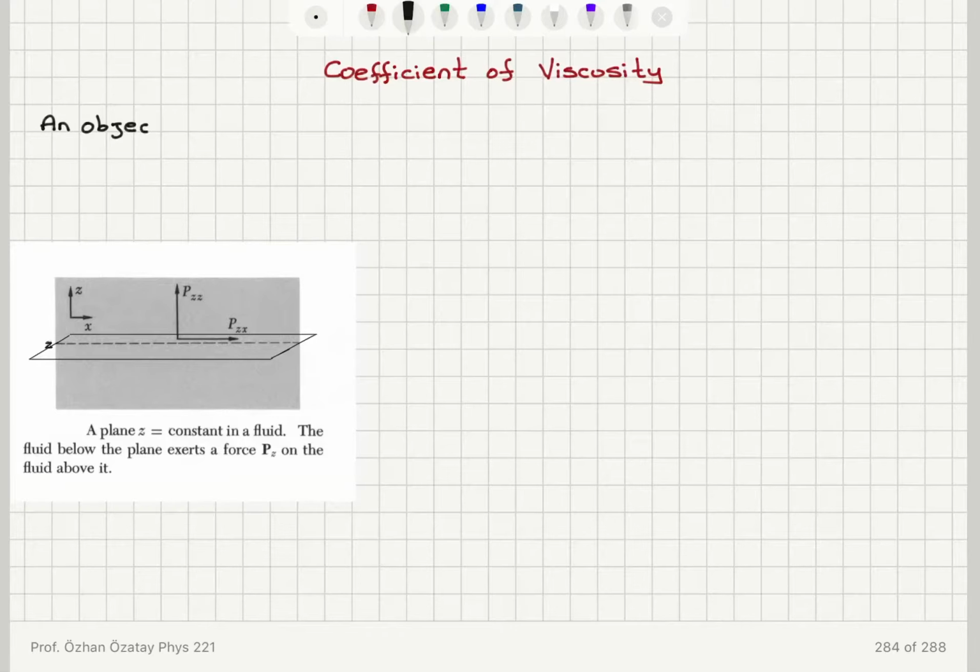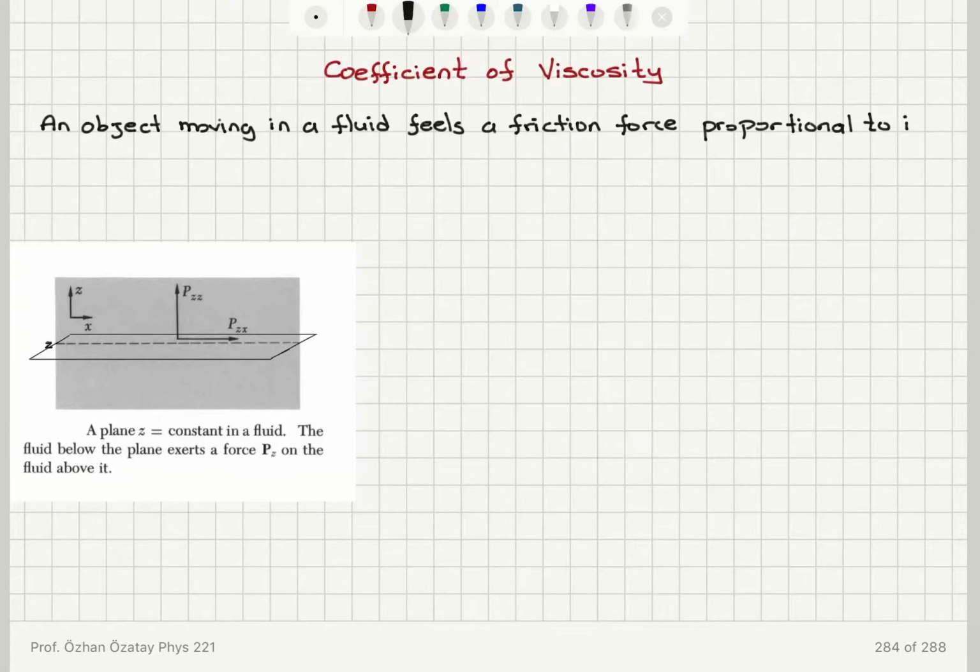So an object moving in a fluid feels a friction force proportional to its velocity, trying to slow it down.